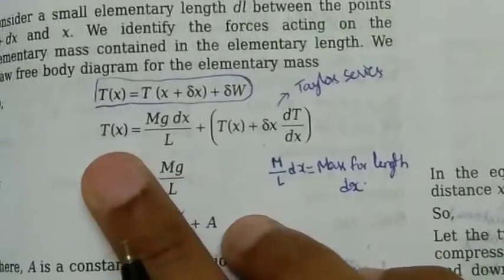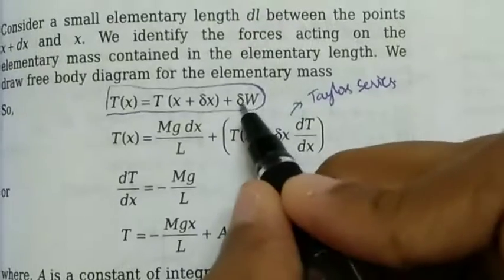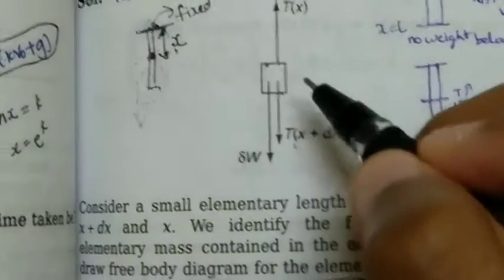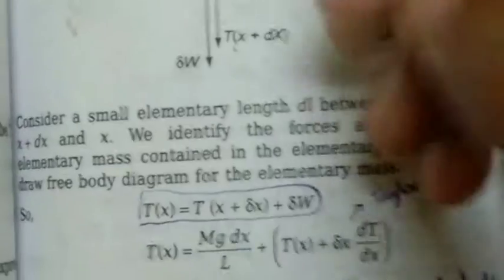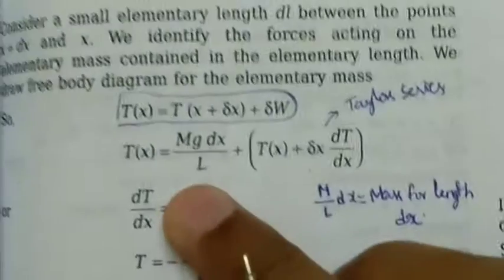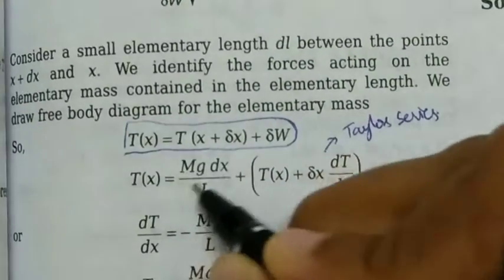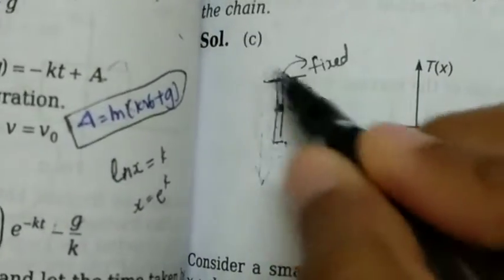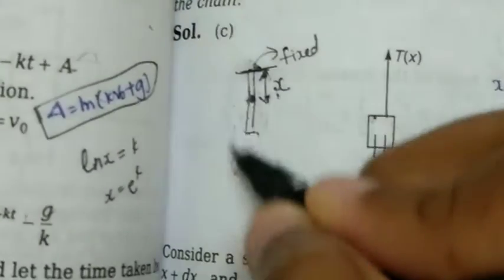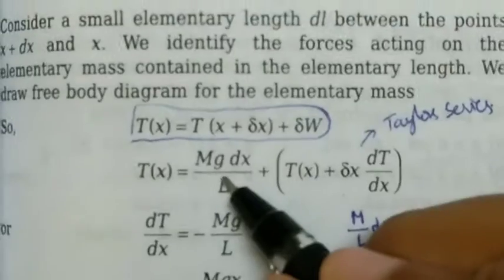Now delta W is the mass of this elementary length of the chain, given as this. What is the weight of the entire rope? It is mg, and it is of length L. So what is the mass per unit length?